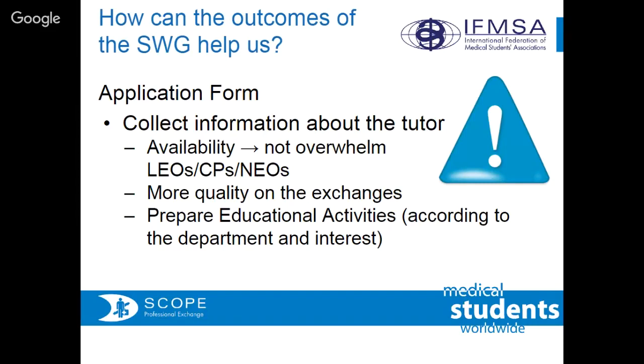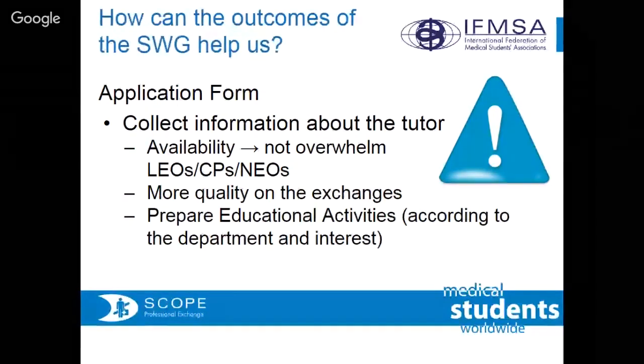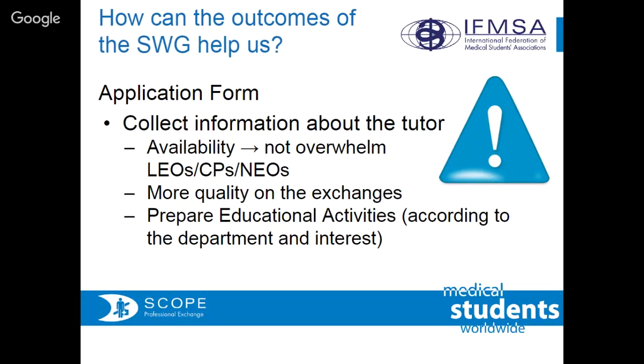Basically, with the application form, as you can see, we can collect information about the tutor and the availability, so as not to overwhelm LEOs, contact persons, and NEOs, and to avoid cancellations, having more quality in the exchanges, especially by knowing the tutor's background and previous experiences, and preparing educational activities according to the department and their interest. Sarah, do you have any ideas for the educational activities?